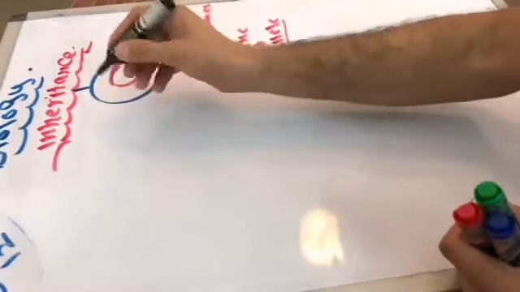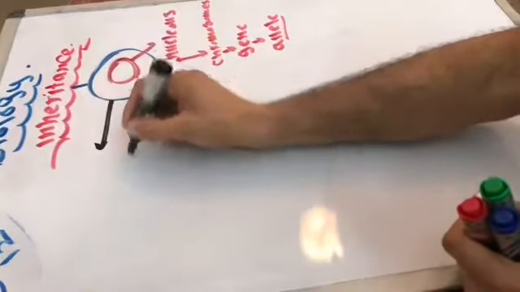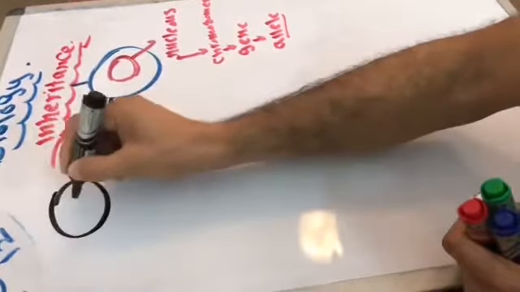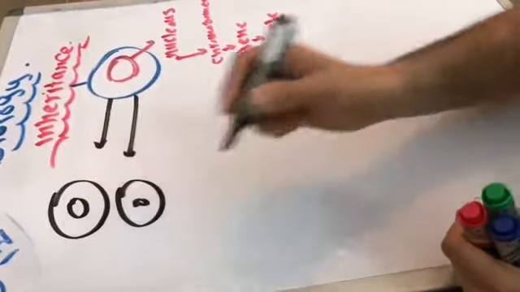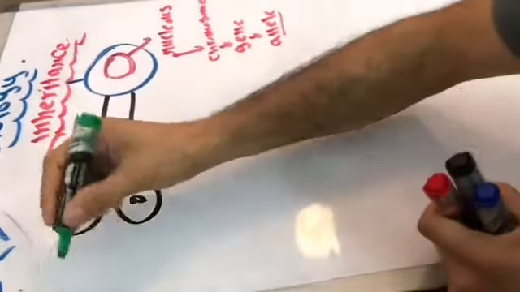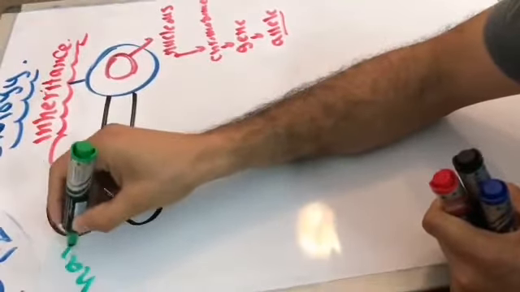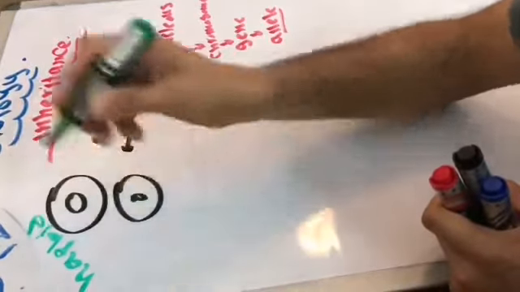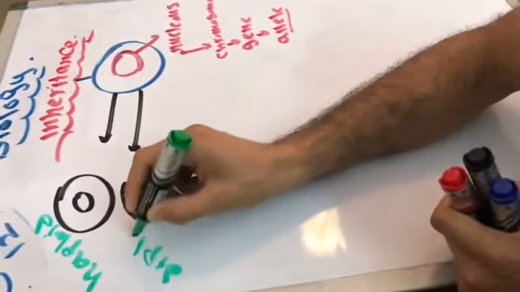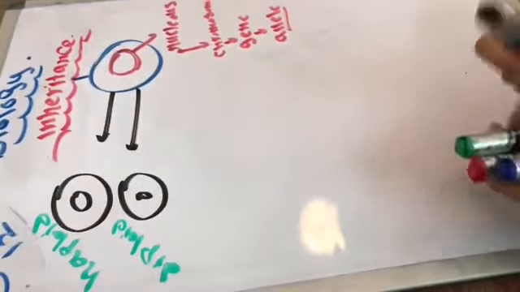There are also other kinds of cells. Number one, number two: the cells produced from cell division are called haploid and diploid. Each one has one characteristic.